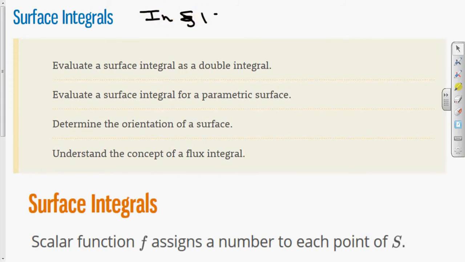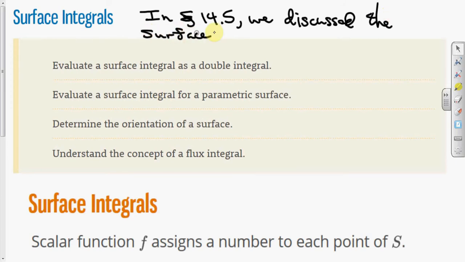So in section 14.5, we discussed the surface area, which was some double integral over the region of, it looked like the arc length.